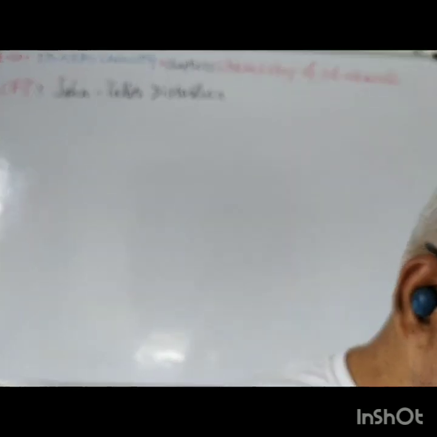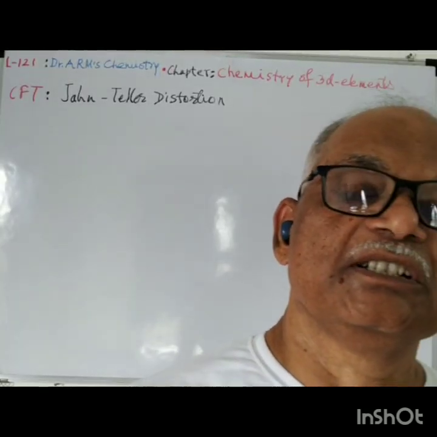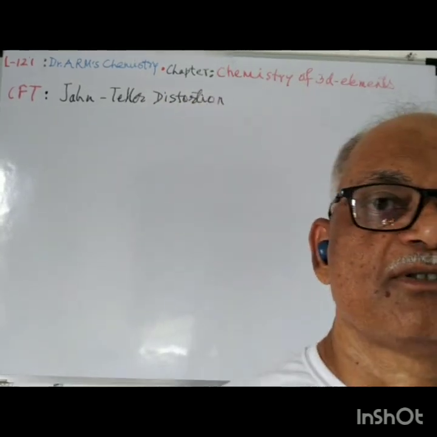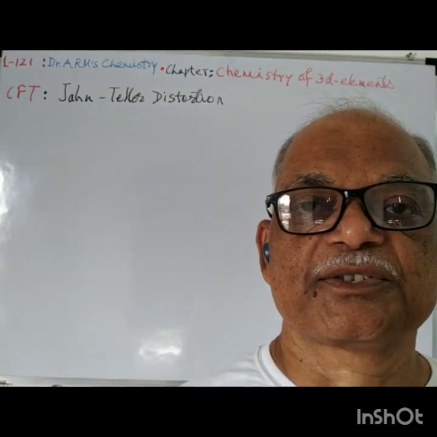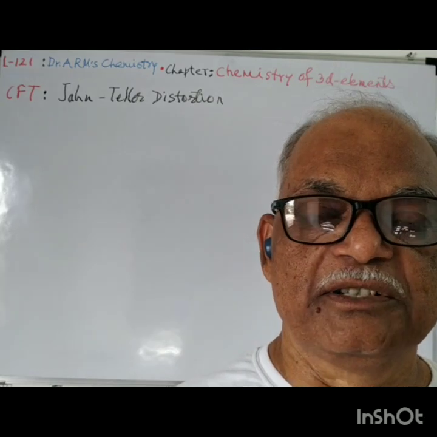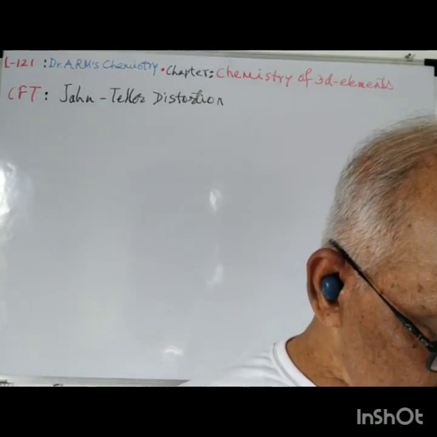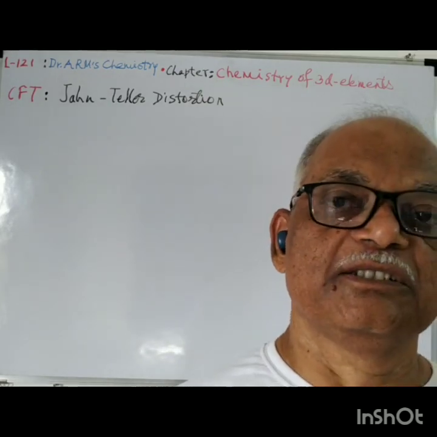It depends upon various factors, that is, it depends upon the electronic configuration or the number of electrons present in the various d orbitals of the metal ion. So this is discussed here in Jahn-Teller distortion.